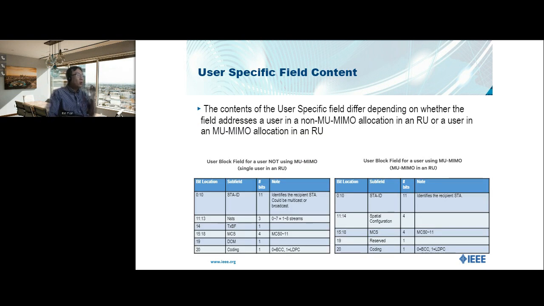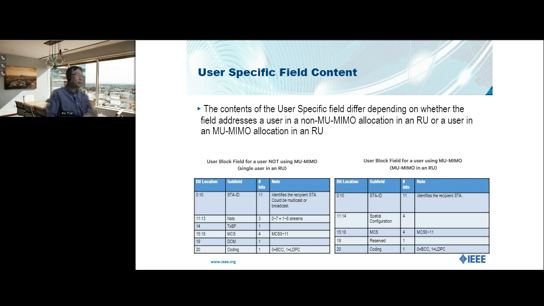Once you assign which RU to transmit, each station needs to find out which RU it is assigned to and what transmission parameters are used for that RU. That's what the user-specific field is for.